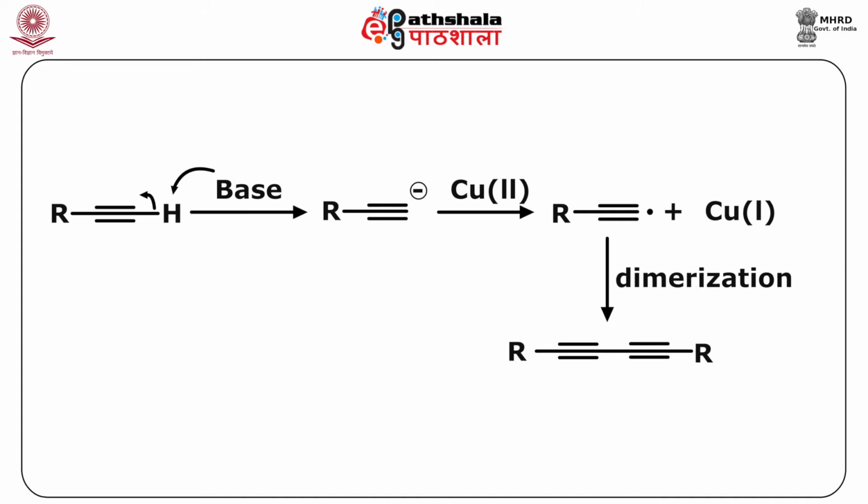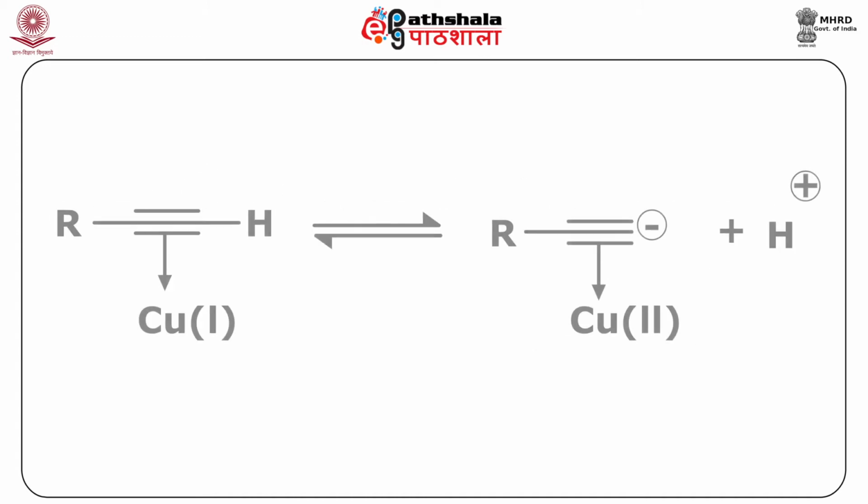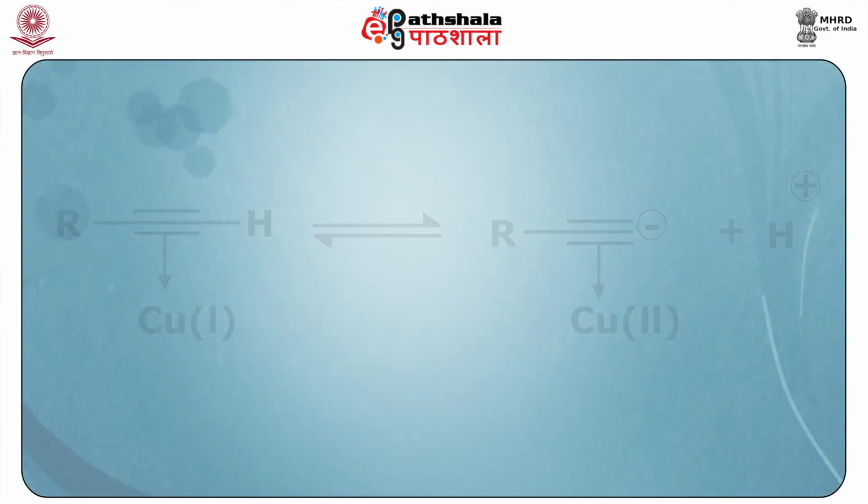An alternative synthetic strategy has been employed using an aqueous mixture of copper 1 chloride and ammonium chloride under air. These conditions facilitate the removal of the proton by complexing between the carbon-carbon triple bond and copper 1 ion, as shown here in the given mechanism.